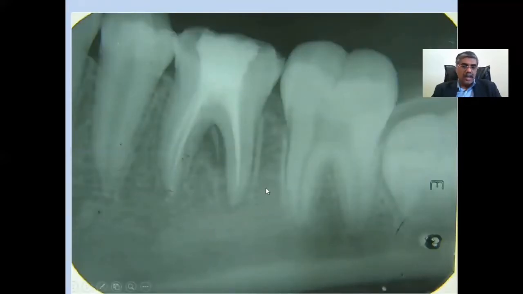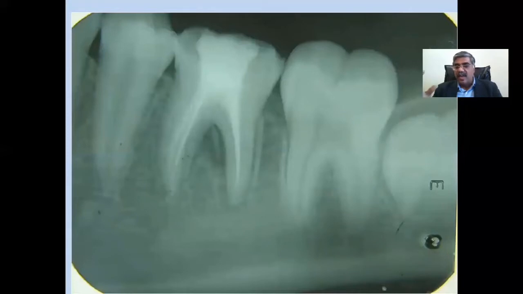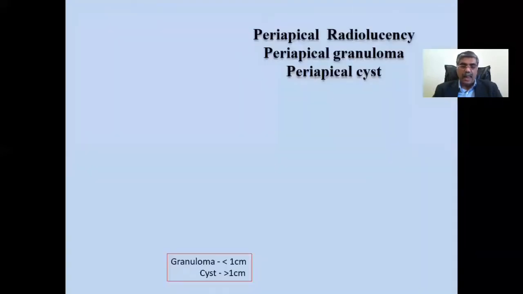There is almost a complete resolution of the periapical lesion, and in the furcation area the bone remodeling is in progress. So if the source of infection from the root canal is removed, there is a possibility of the periapical pathology going for complete remodeling. This is the concept behind non-surgical endodontics.